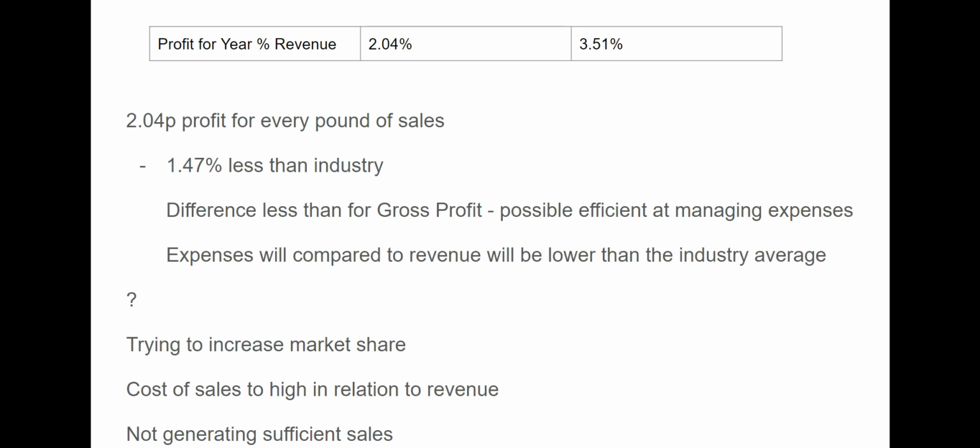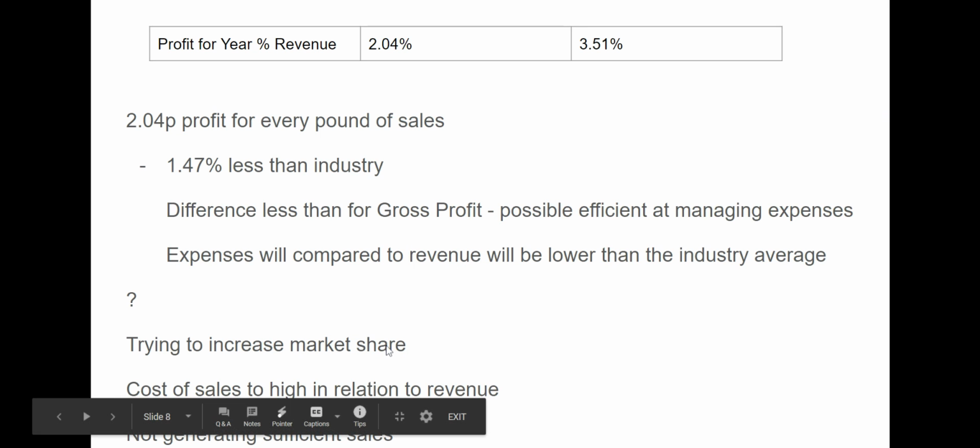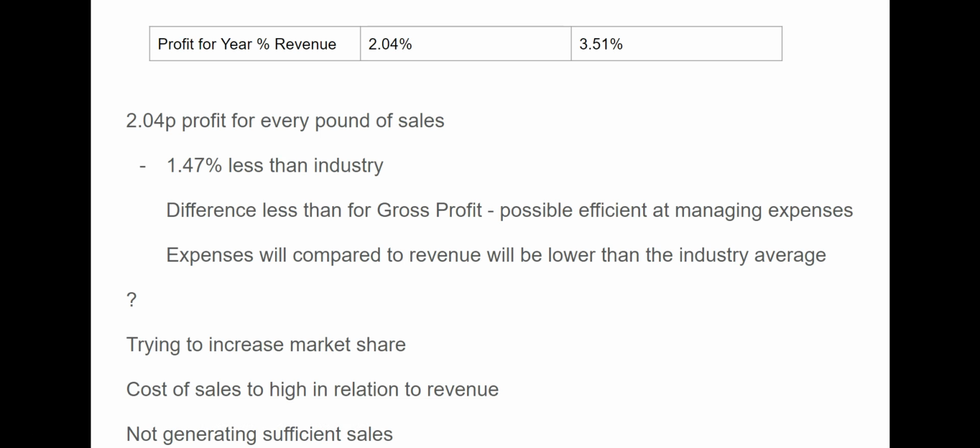And what that does mean is that the expenses part of Tesco's income statement in relation to the revenue is actually quite small. And again, the positive of that could be that they're trying to generate increased market share and then increased actual amount of profit as opposed to percentage profit in the marketplace.